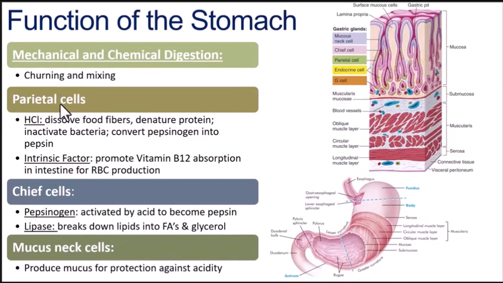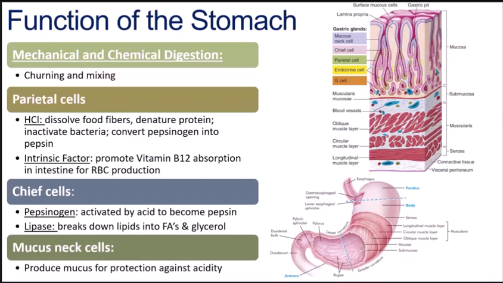For example, the parietal cells shown here secrete an acid, more specifically hydrochloric acid. Hydrochloric acid is formed when the hydrogen and the chloride that make it up travel to the lumen of the stomach, where together they form hydrochloric acid.